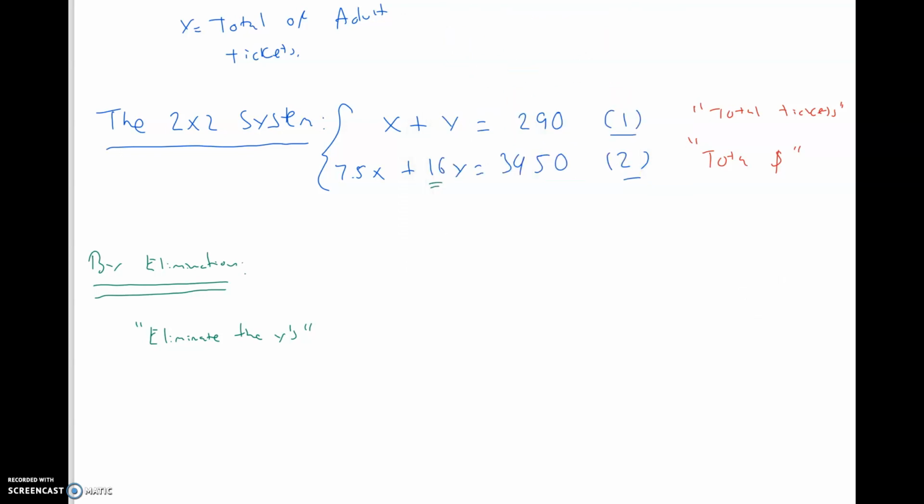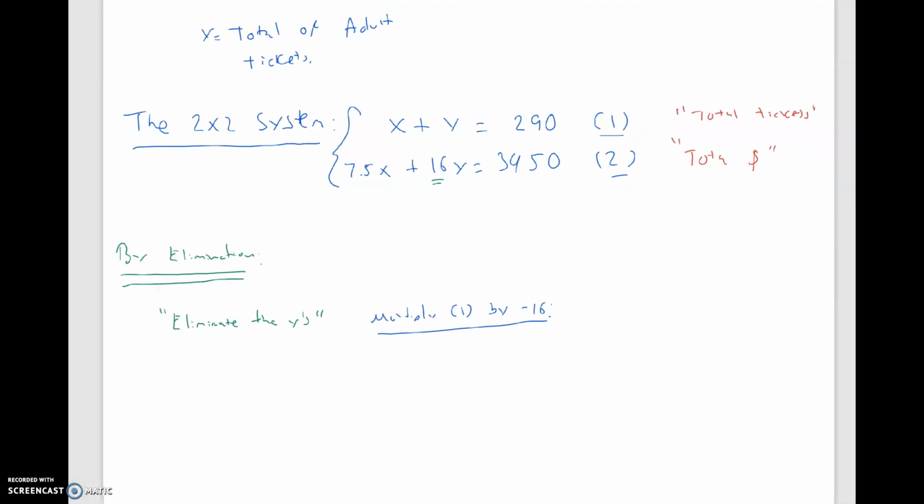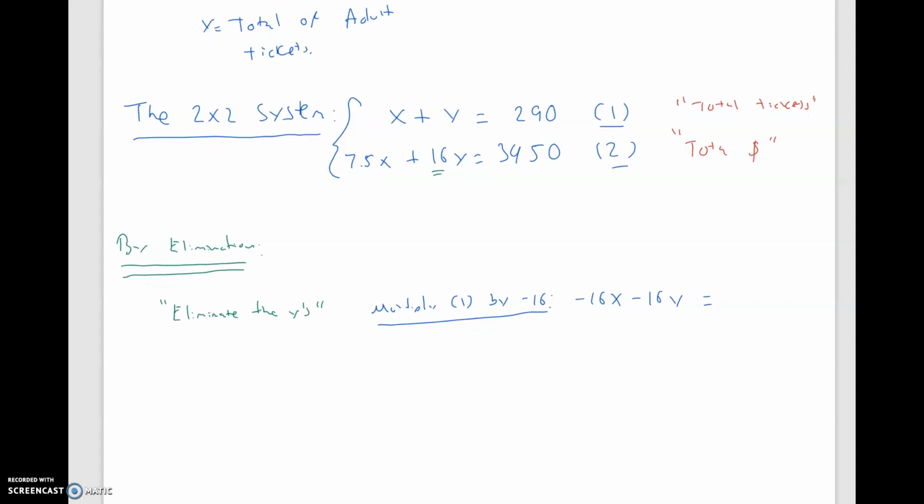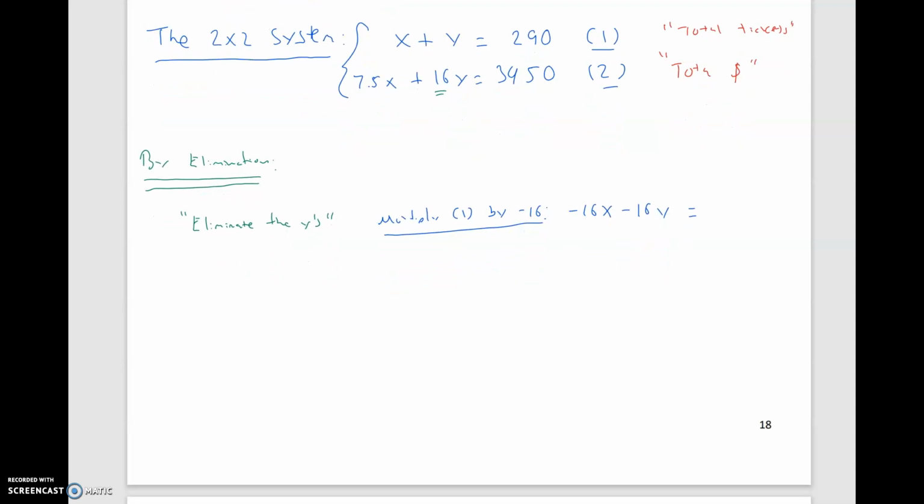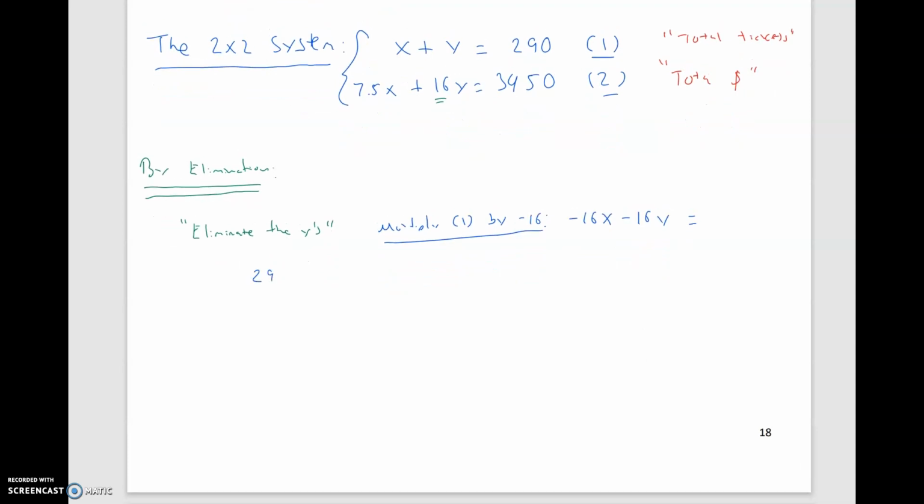Let me write it out as multiply 1 by negative 16. And this is going to give us negative 16x minus 16y, equal to, and let me do the multiplication on the side. This is going to be 290 multiplied by 16, but keep in mind that it's technically a negative.